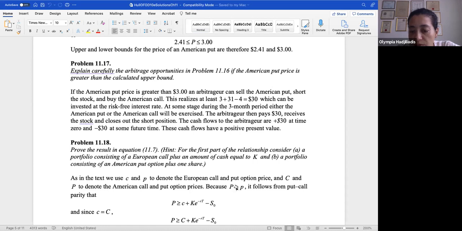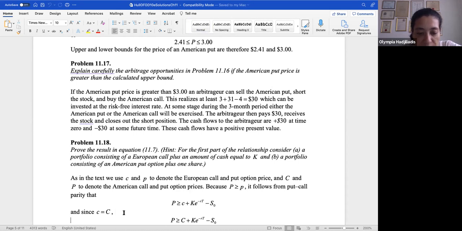Because the American put is always greater than or equal to the European, it follows from put-call parity that the American put option is worth at least as much as c plus K e to the minus rT minus S0.